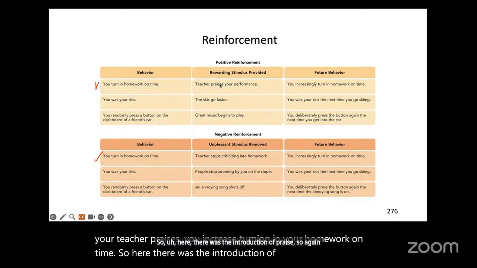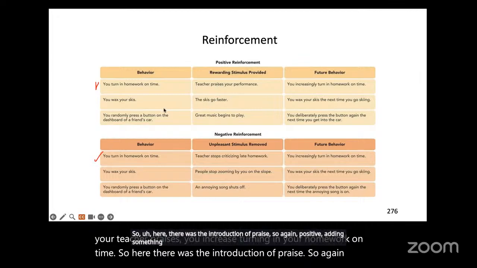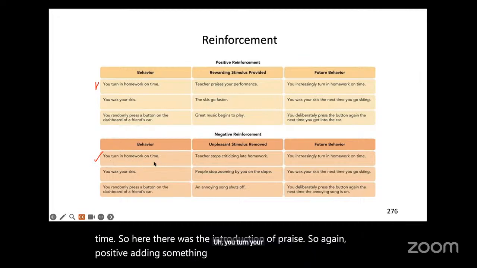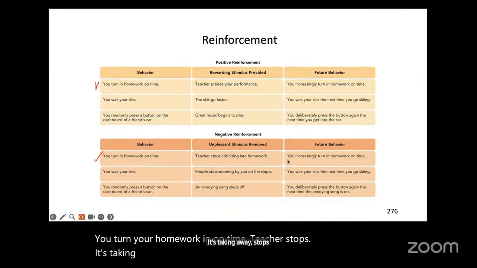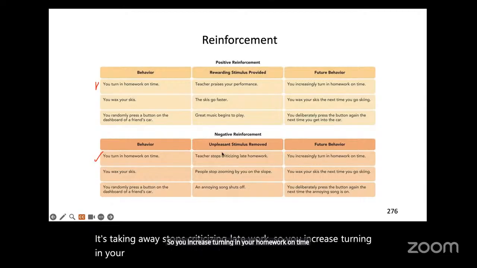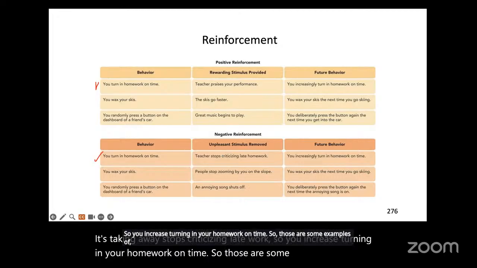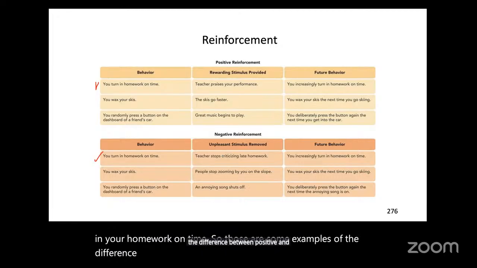So again, positive, adding something to. You turn your homework in on time, teacher stops, it's taking away, stops criticizing late work. So you increase turning in your homework on time. So those are some examples of the difference between positive and negative. Okay. All right.